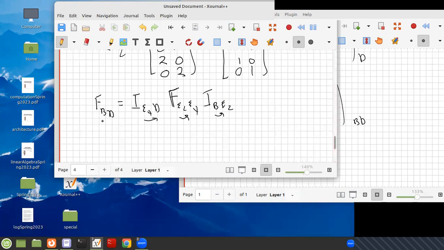Okay, so this worked out. These two sides of this equation are equal, confirming that it works.